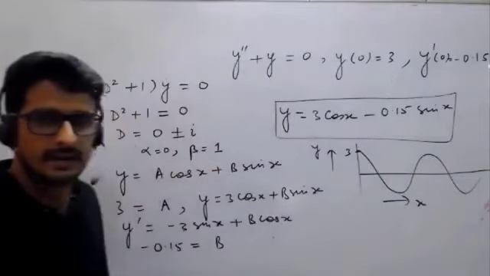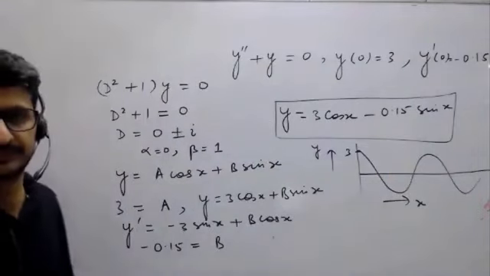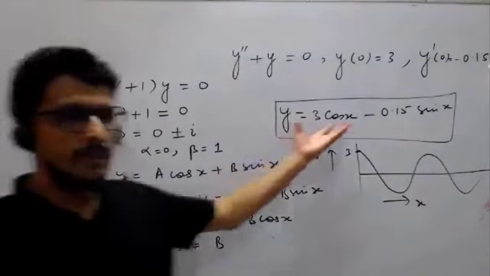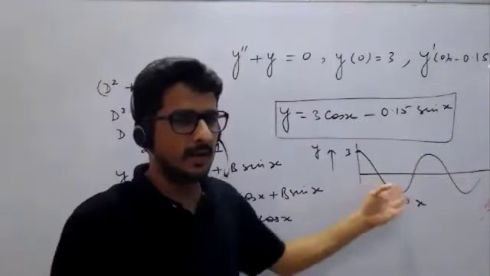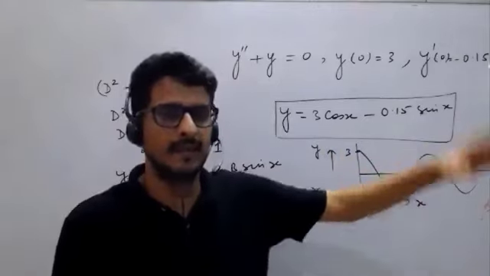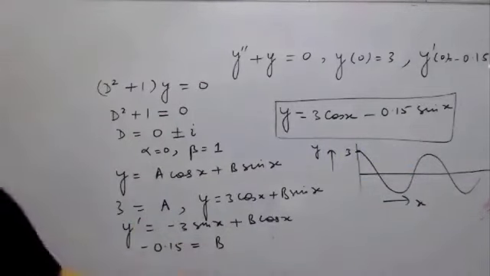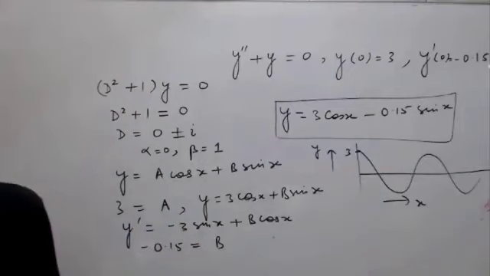You can just make a guess that the graph will look like this, because it is a combination of sine and cos, so it will be sinusoidal. I am not marking the particular values here, just roughly I have made the sinusoidal graph. So this is a very nice question to understand how this works.